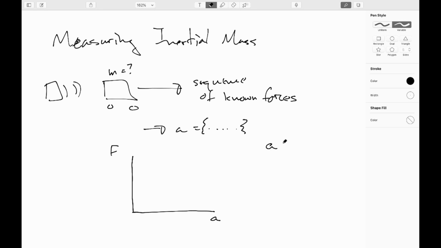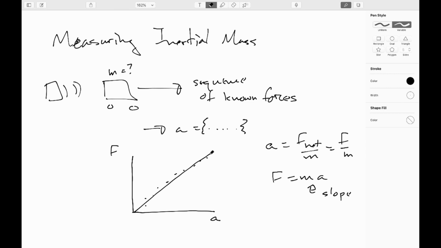The reason I'm doing it this way is I'm thinking, okay, a equals F net over m, and here my only force is just the force of the spring. So if I rewrite this as F equals ma, if I put a on the x-axis and F on the y-axis, that mass will be the slope of the fit line that I draw when I plot force against acceleration.